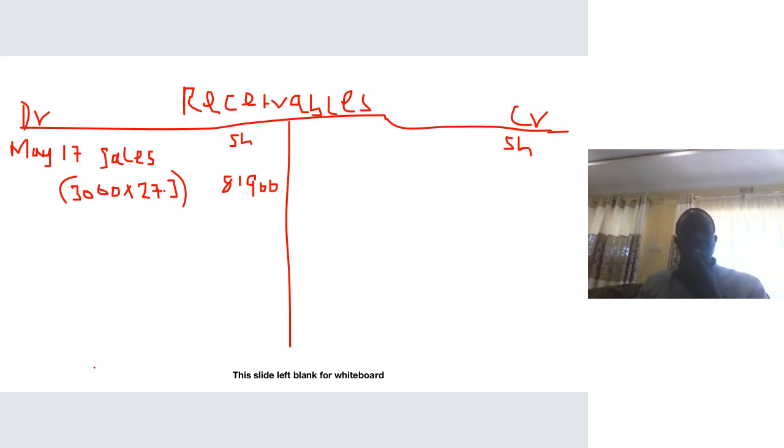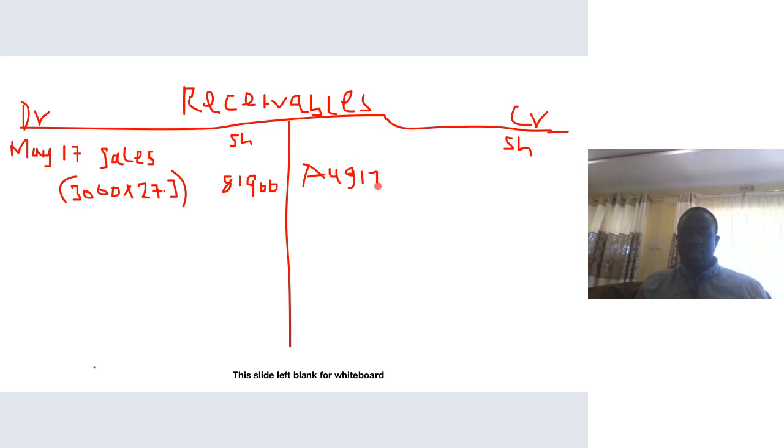Remember, when the cash will be received now in August 2017, the exchange rate at that particular time will be 26.7. So in August, because now we are reducing the debtors, we credit the debtors account. So we credit August 2017.